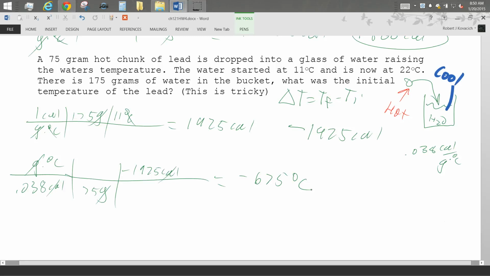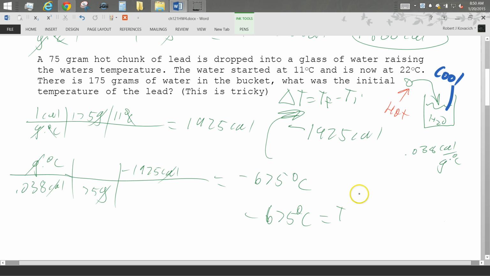So the lead's temperature actually drops 675 degrees. Okay, so then I can go ahead and plug it into this equation up here. And so I've got negative 675 degrees Celsius is my change. My final temperature is what I'm looking for. And what's my initial temperature? I'm sorry, I'm looking for my initial temperature.